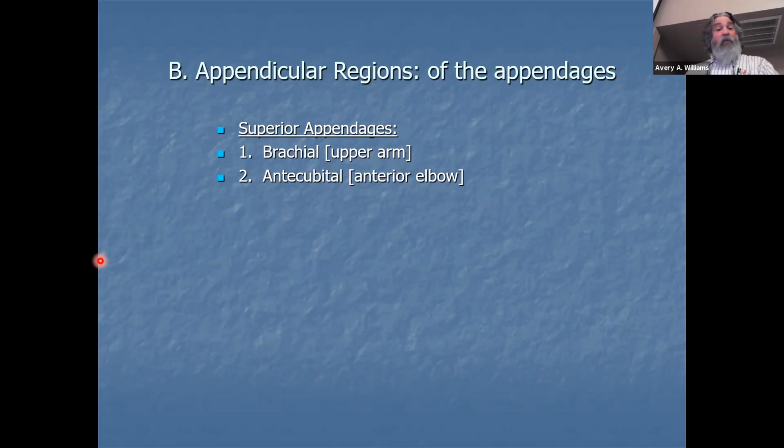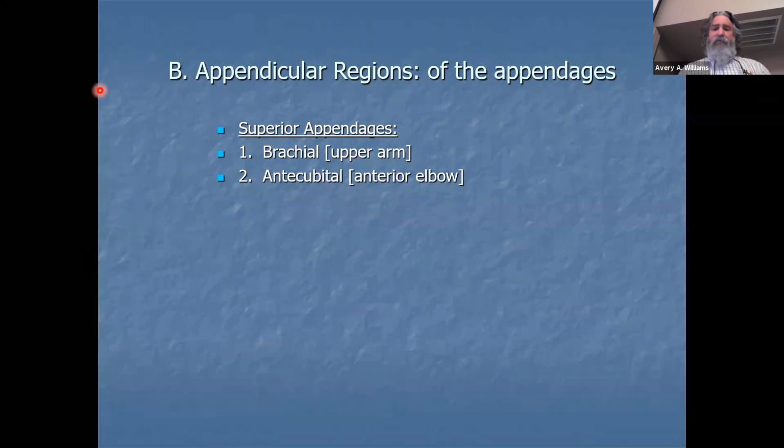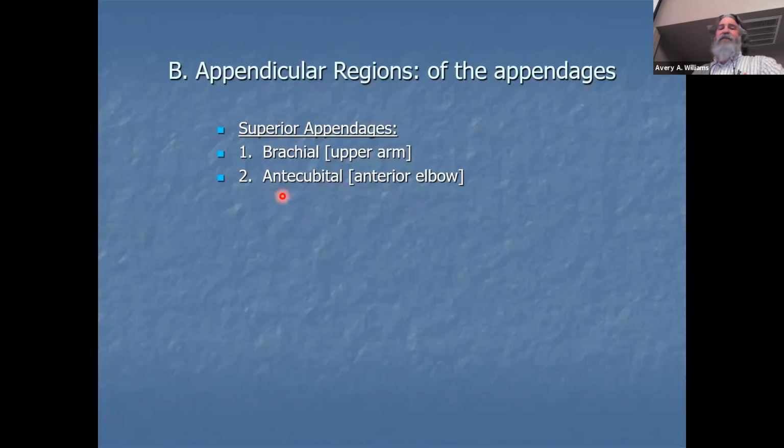And then speaking of the elbow, the antecubital region, and the prefix ante, A-N-T-E, not A-N-T-I, that's something different. Anti means without, but A-N-T-E means preceding or before, or here anterior. So cubital is elbow. So before the elbow or anterior elbow. Your anterior elbow is right there, the bend of your elbow.